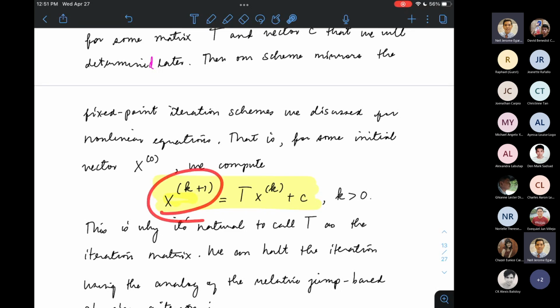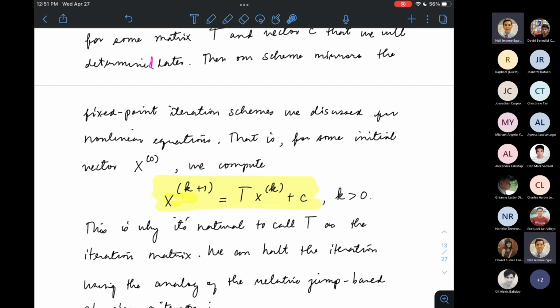So x upper k plus 1, which is our k plus 1 estimate, will be equal to the iteration matrix times the previous estimate plus the constant vector c. That is why we call T the iteration matrix, because it is what gives us the new estimate. All right? Or basically, c is there too, but essentially, we just scale our previous estimate and then translate it by a vector c to get our k plus 1 estimate.